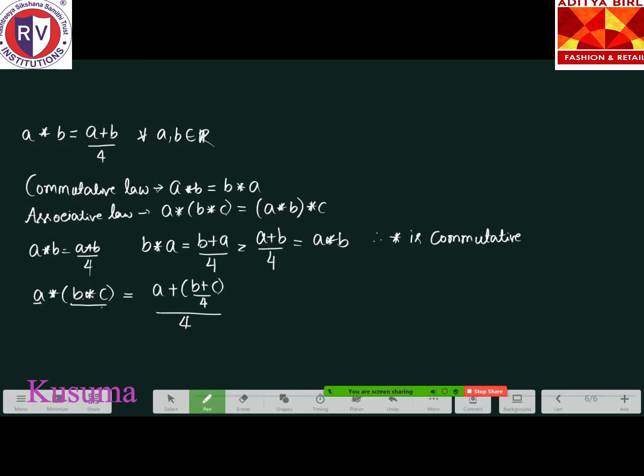So A star B star C is A plus B plus C by 4 divided by 4. Upon simplifying this, we get 4A plus B plus C divided by 16. When we take the LCM, this becomes 4A plus B plus C, and the 4 in the denominator goes to the denominator here, which will be 4 into 4, giving us 16. So now let us see what A star B star C is.